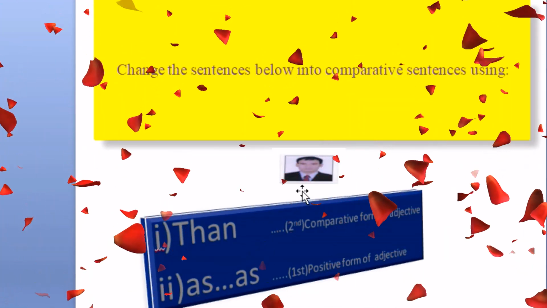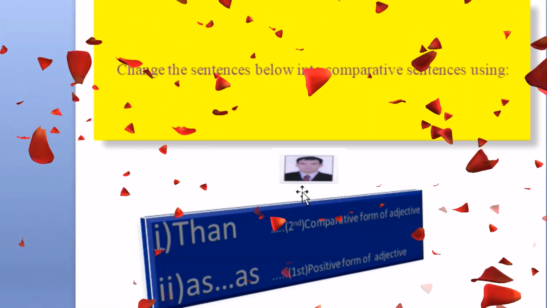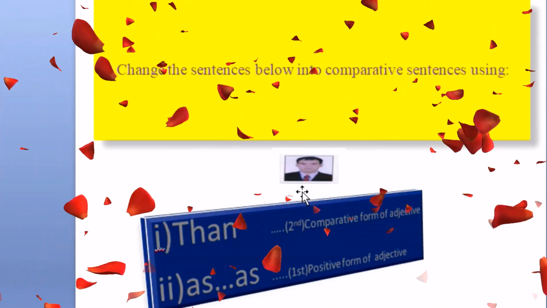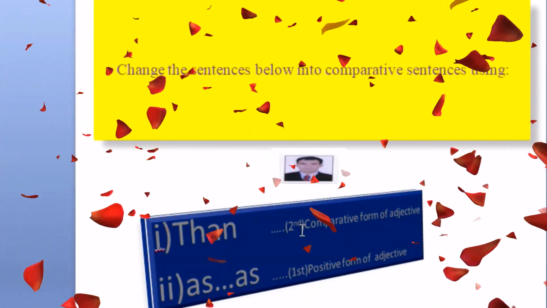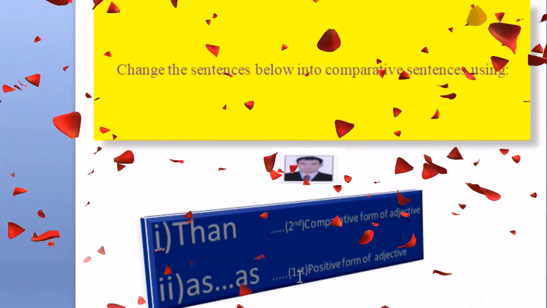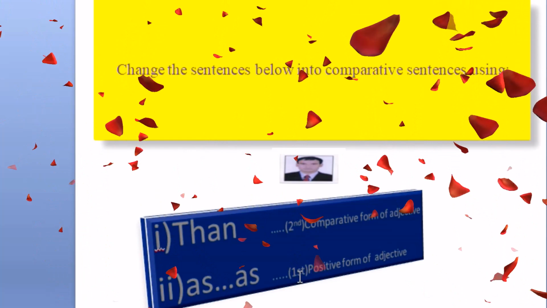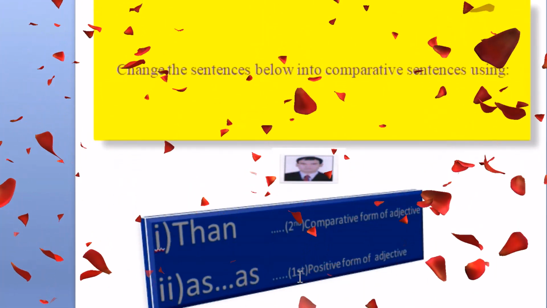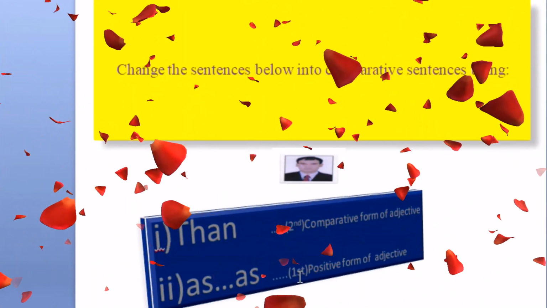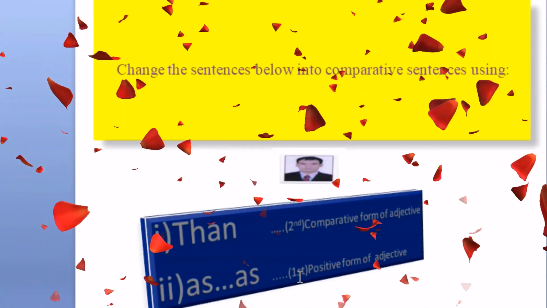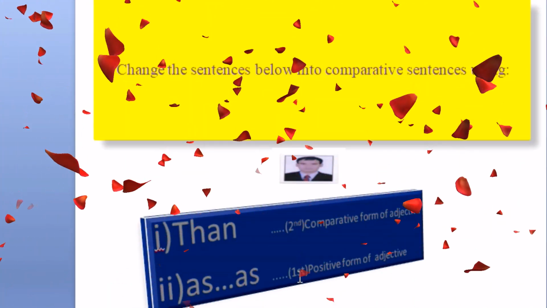And with "as...as", you need to write the second sentence, meaning as adjective as. With "as...as", you need to use the first form of adjective, that means the positive form of adjective.